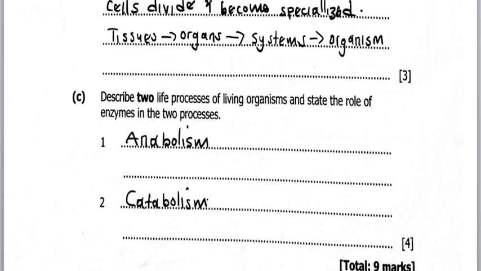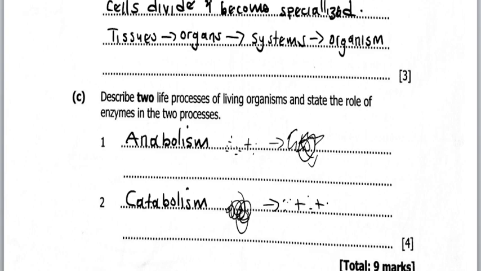Then you are done. So with anabolism, smaller molecules combine to form a more complex molecule. But catabolism is a situation where the complex molecule breaks down to form the smaller ones. So that is it with those.